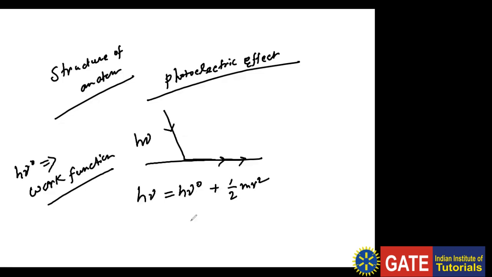The minimum energy required is called the threshold energy, hν0. Until you are energized by the greed of the food, you will not go out. Similarly, hν is equal to hν0 plus half m v square. That means you are going out, that is the kinetic energy. Half m v square is the kinetic energy. hν0 is called the threshold energy, or also the work function. Remember the formula: hν is equal to hν0 plus half m v square.